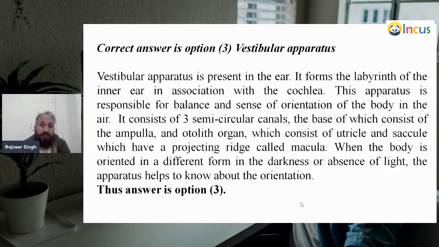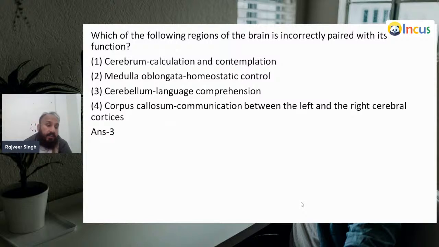It consists of the three semicircular canals, at the base of which is the ampulla, and the otolith organ, which consists of the utricle and saccule, which have a projecting ridge called a macula. When the body is oriented in different positions in darkness or the absence of light, the apparatus helps to make us know about the orientation. So the answer will be third.